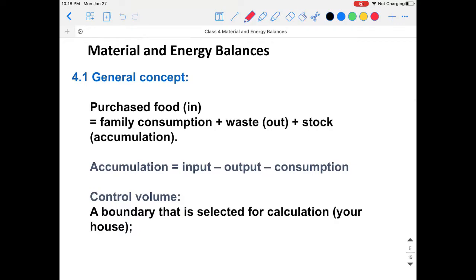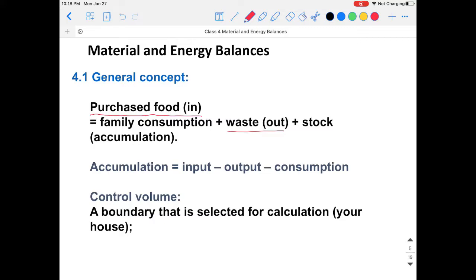So this is going to give us a general concept regarding the mass balance. Especially for this case, we know that the purchased food, which is the inflow, is going to be equal to the family consumption. And this consumption involves all the types of consumptions, plus the waste, which is basically the outflow, and the stock, which is accumulation.